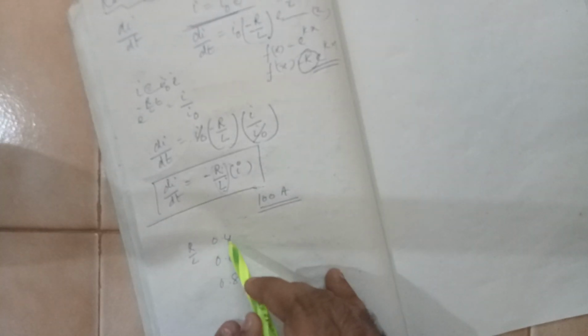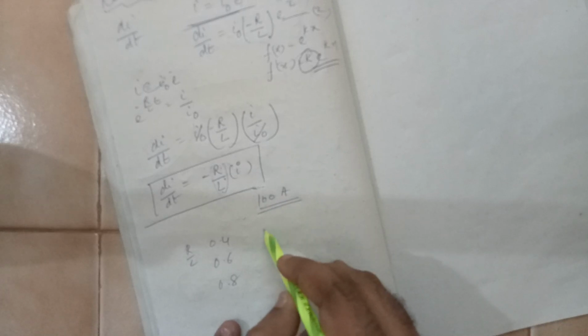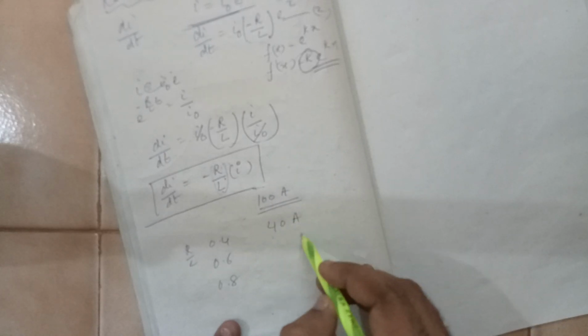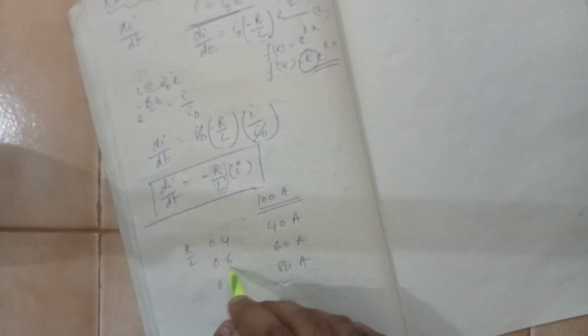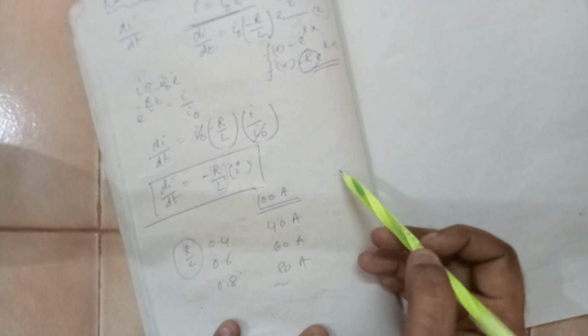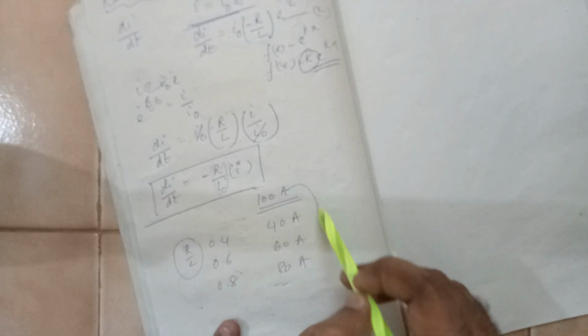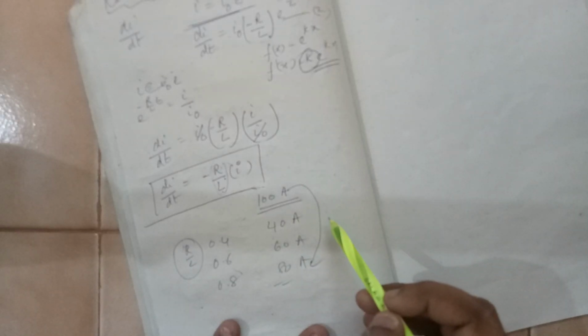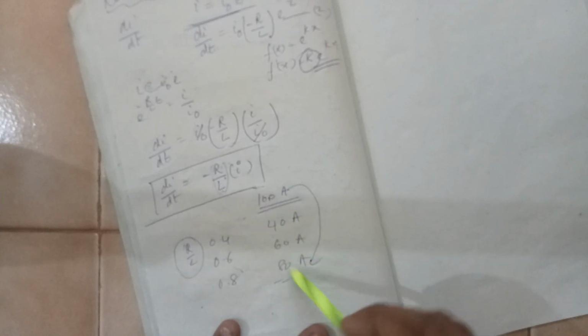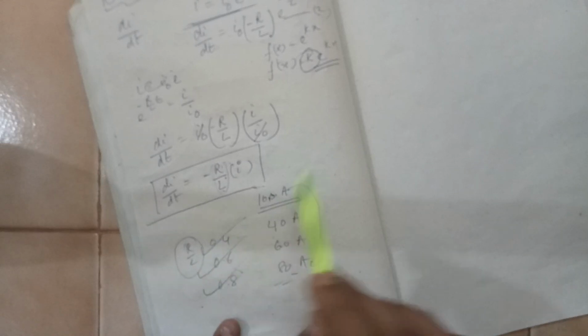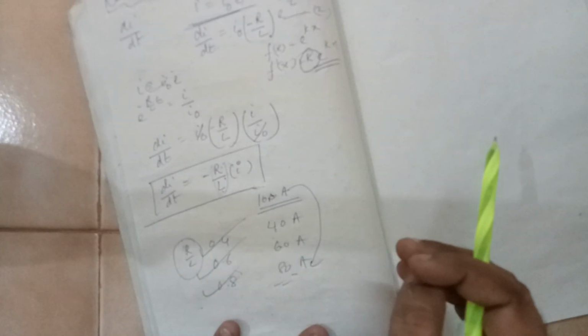So 0.4 means 0.4 into 100, that is 40 amps. Here it is 60. Here it is 80. So the higher the R by L value, the faster will be the decay. 100 becomes 80 for this, 100 becomes 60 for this, 100 becomes 40 for this. That is the meaning of that.